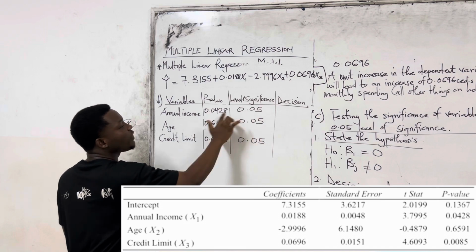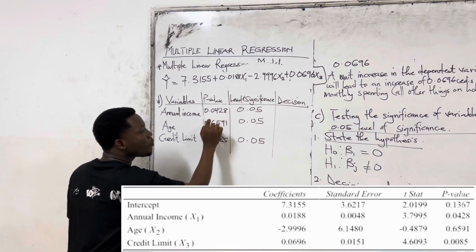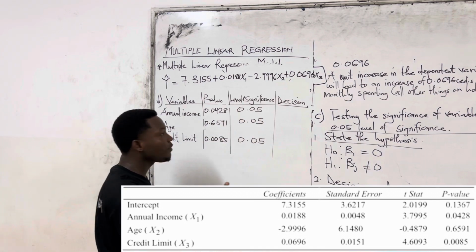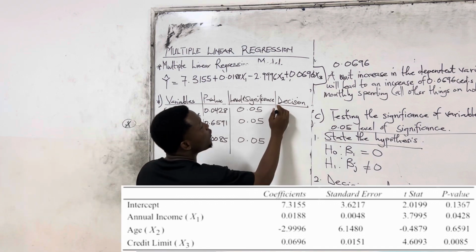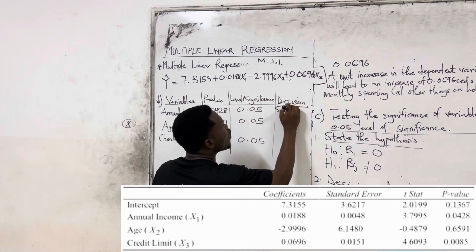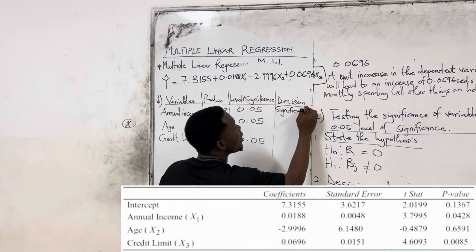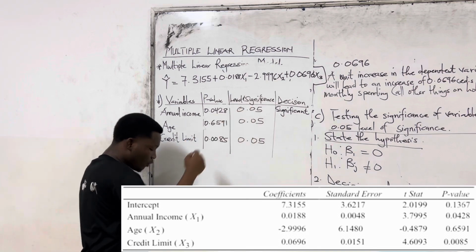When you check these two figures, we have 0.0 and then 4, but here is 5. It means our level of significance is greater than our p-value, so this will be significant, because the p-value is less than the level of significance.